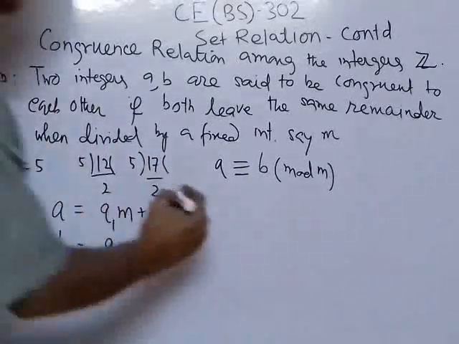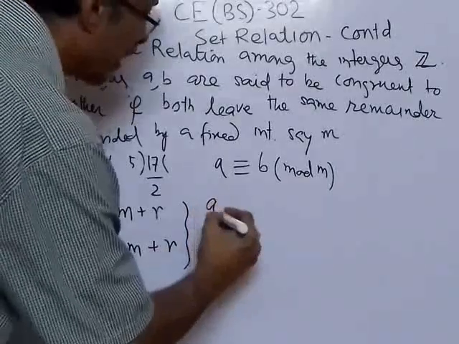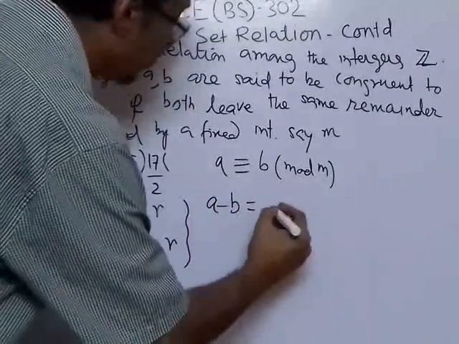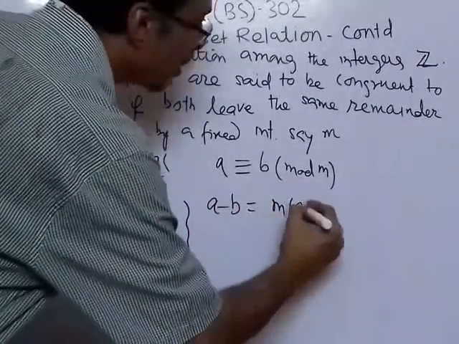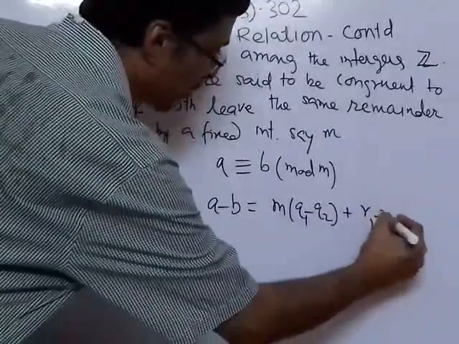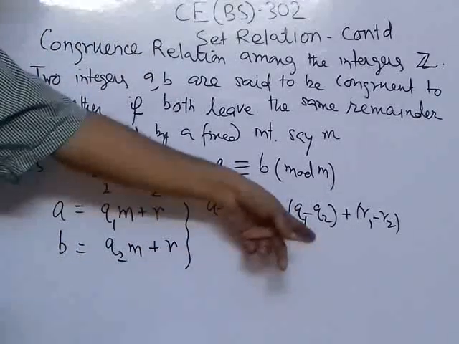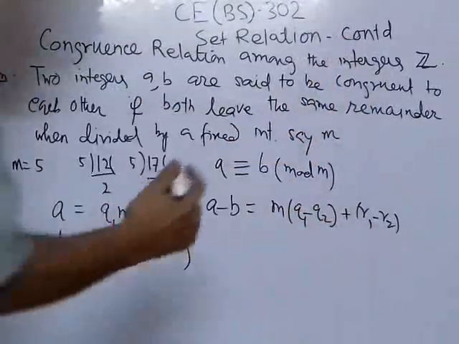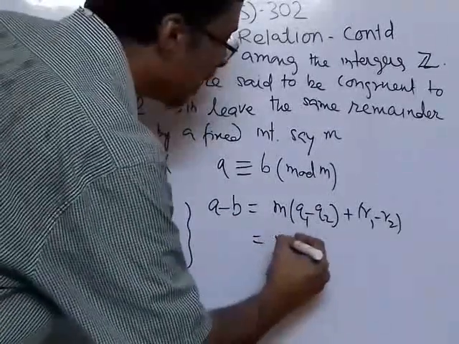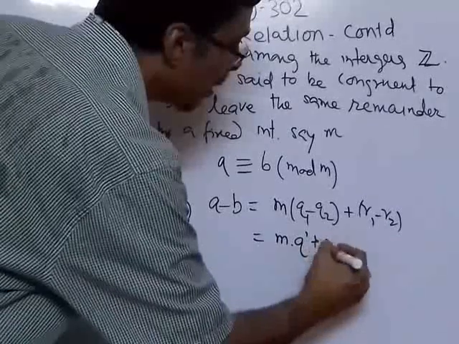In some other way, if I subtract the second relation from the first, I get a minus b equal to m into Q1 minus Q2 plus R1 minus R2. Q1 and Q2 are integers, so Q1 minus Q2 will be another integer. I write this as m into Q dash plus R dash.